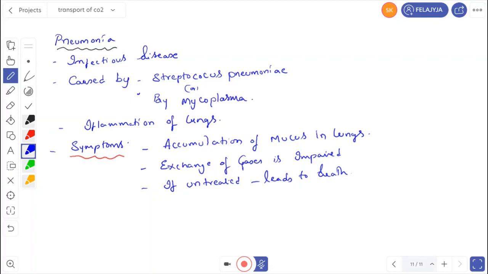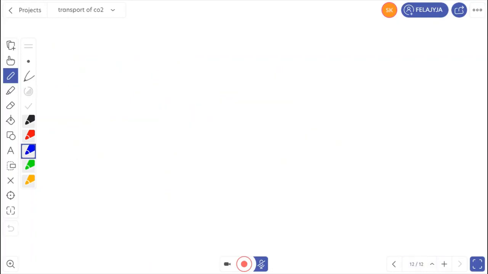Now let us go for the occupational disorders. One more very important topic is the occupational disorders. This is also very important. That means the disorders of the lungs which occur due to their profession.